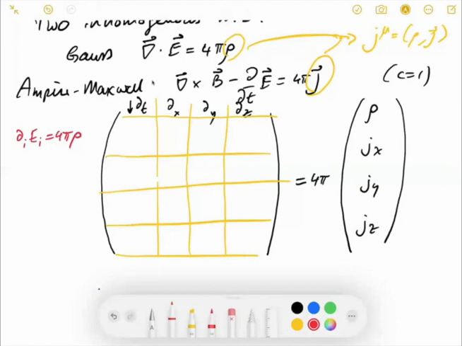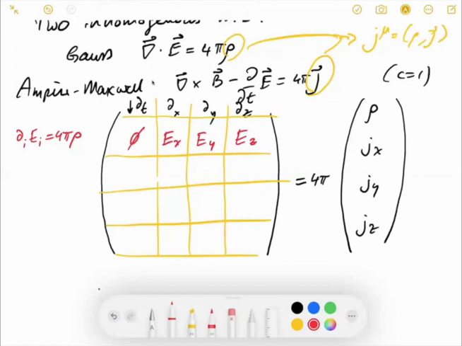So that means we need an EX here, and EY and an EZ, such that when we have that Nabla operator, the del operator, acting on it, this first row is going to give us Gauss's law.